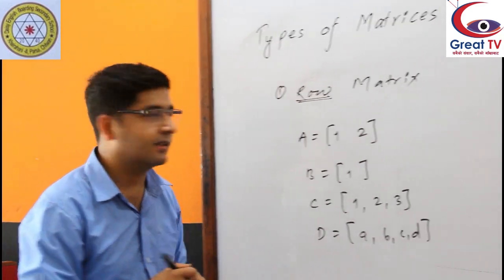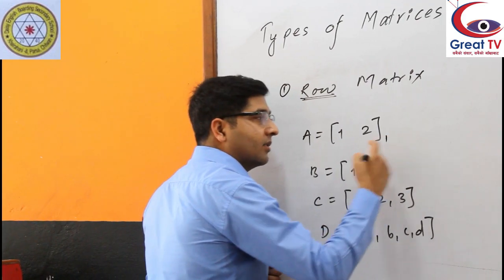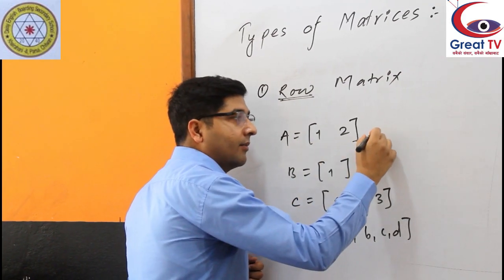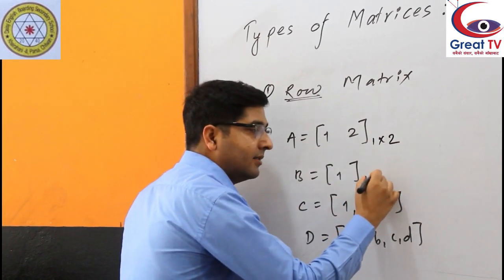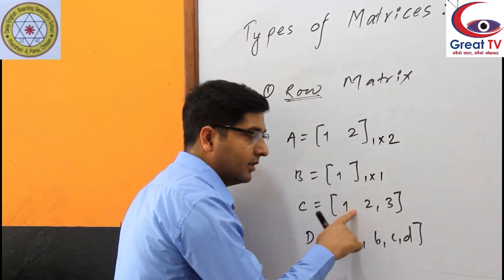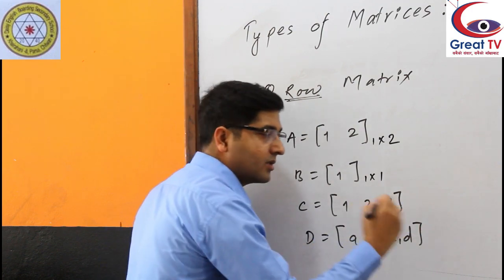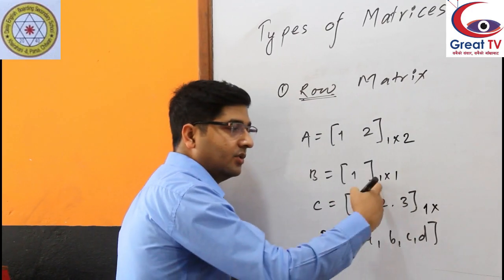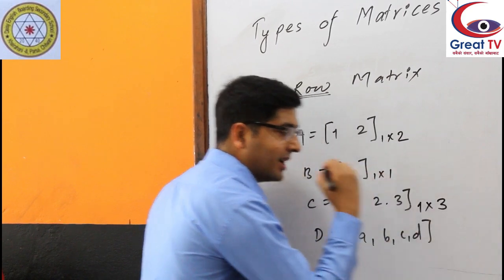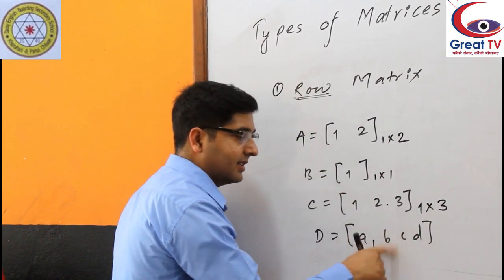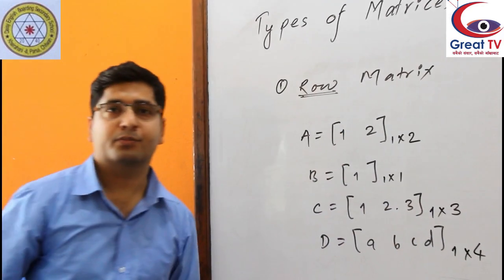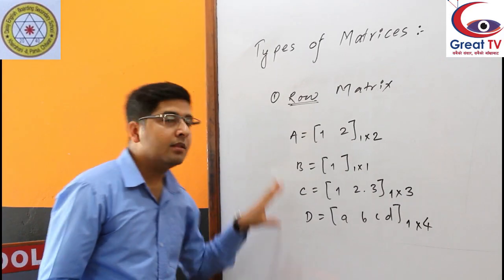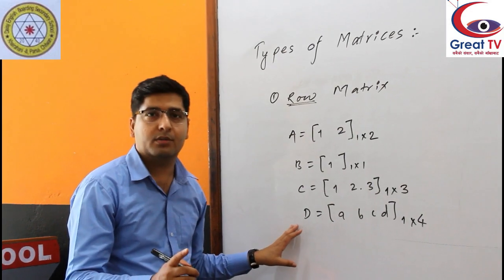Order of the first matrix: 1 row, 2 columns, 1 by 2. Then 1 by 1, then 1 row, 3 columns, 1 by 3, then the order of this matrix: 1 by 4.